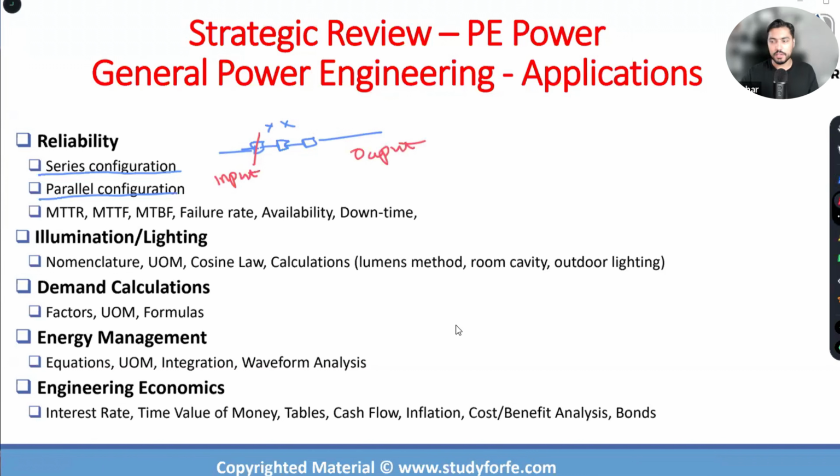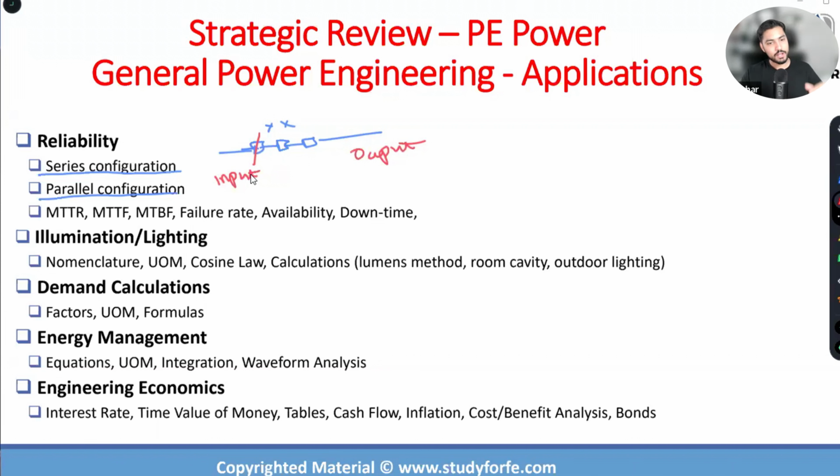So the formulas are given in the reference handbook. Please pay attention to them, right? When it comes to the series components, the reliability of the overall system is actually less than the individual reliability of any component. The only similarity between the series configuration when it comes to reliability and series configuration of resistors, impedances, inductors, capacitors, whatever, is that they are organized in series.